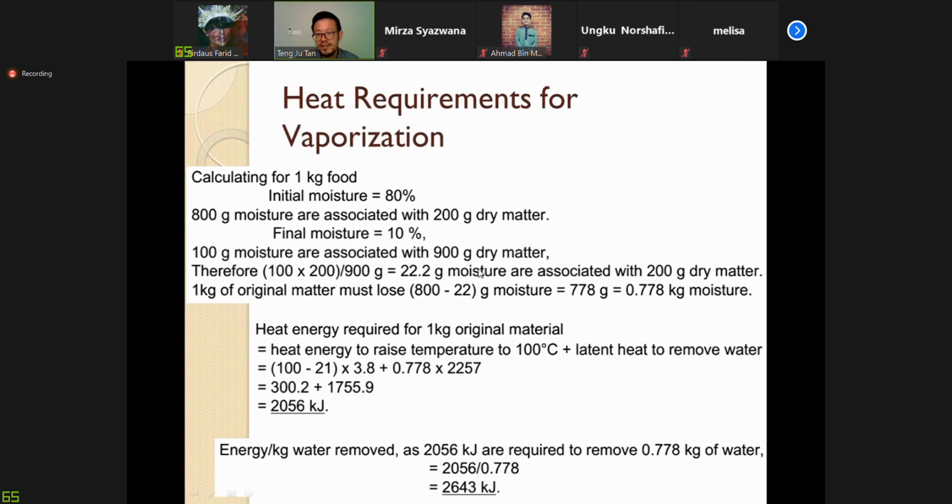So you have to remove 778 grams of water from the initial 1 kg of food.